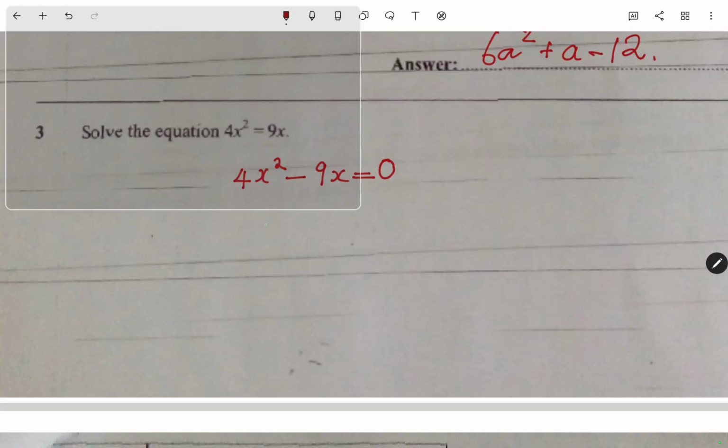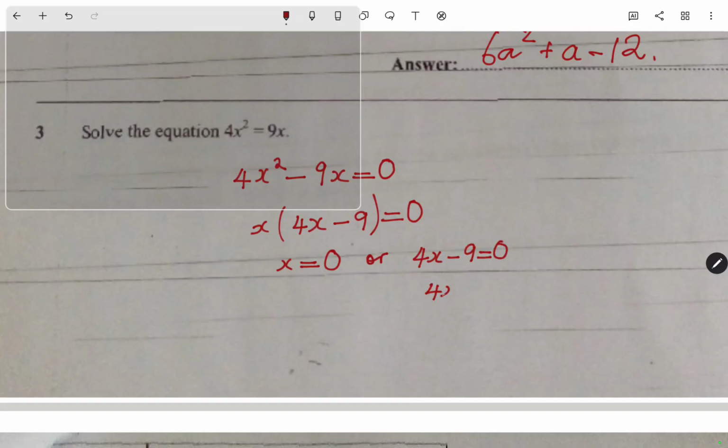What is common here is x. Open brackets, x into this one, this will give us 4x minus 9 is equal to 0. So in this case, we're going to have x is equal to 0 or 4x minus 9 is equal to 0.